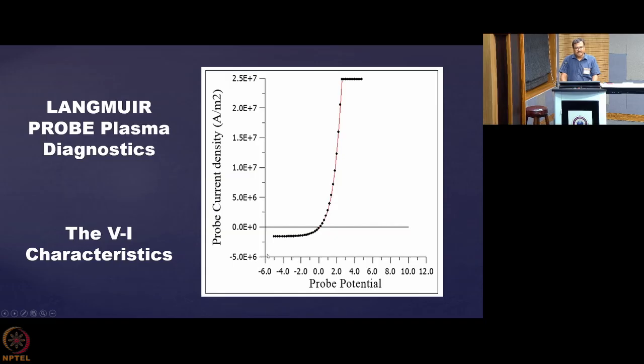Then as you decrease the negative bias, gradually some of the electrons come and contribute because they are highly energetic. Even if you try to resist them, they will not stop, they will try to reach the electrode. And then a time comes when the ion contribution and the electron contribution are exactly cancelling each other.